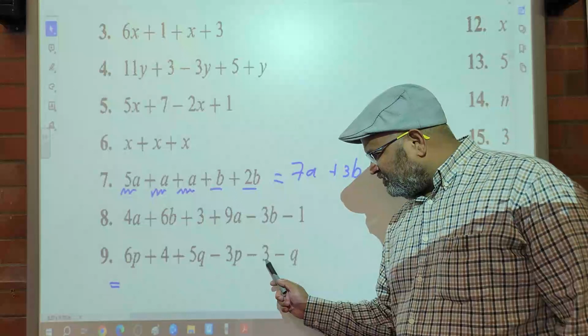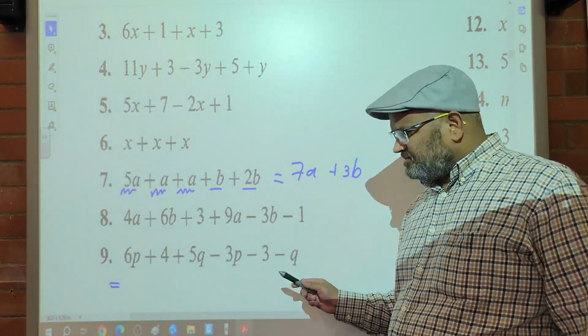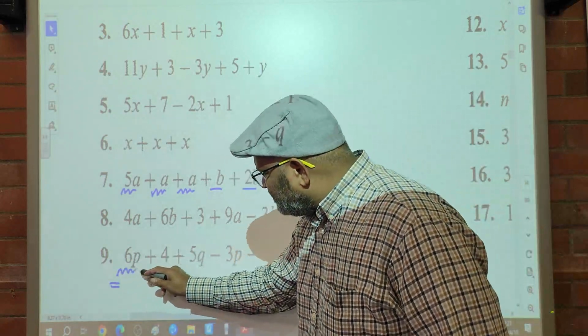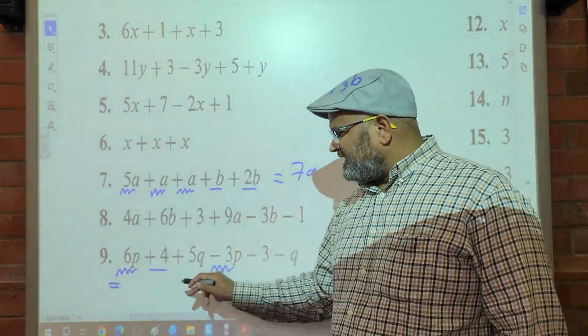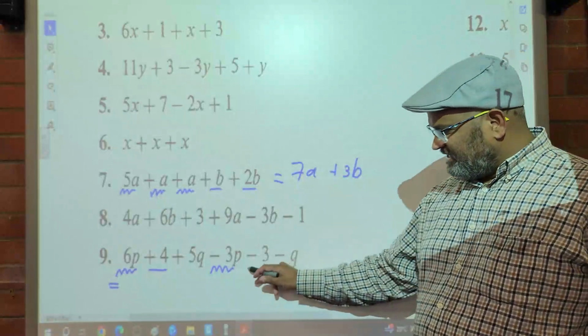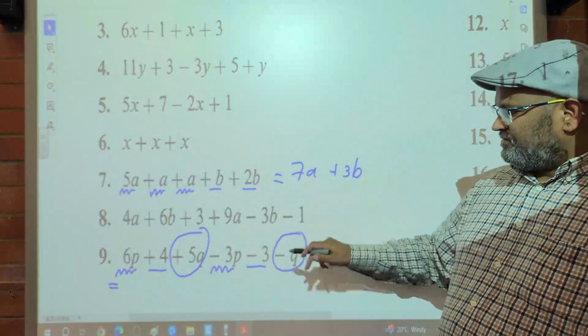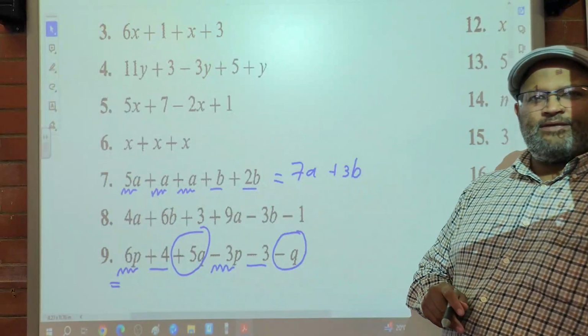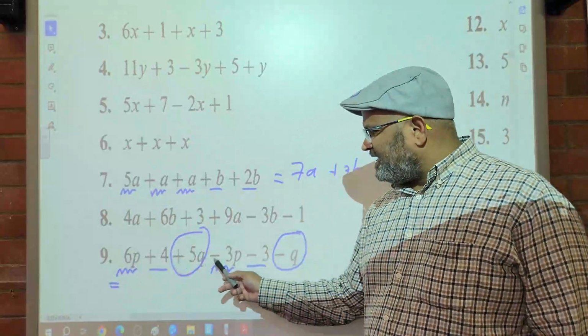That minus only belongs to 3 and that minus only belongs to p. Makes sense? So 6p is a like term to which one? Negative 3p. 4 is a like term to which one? Negative 3. 5q is a like term to negative q.